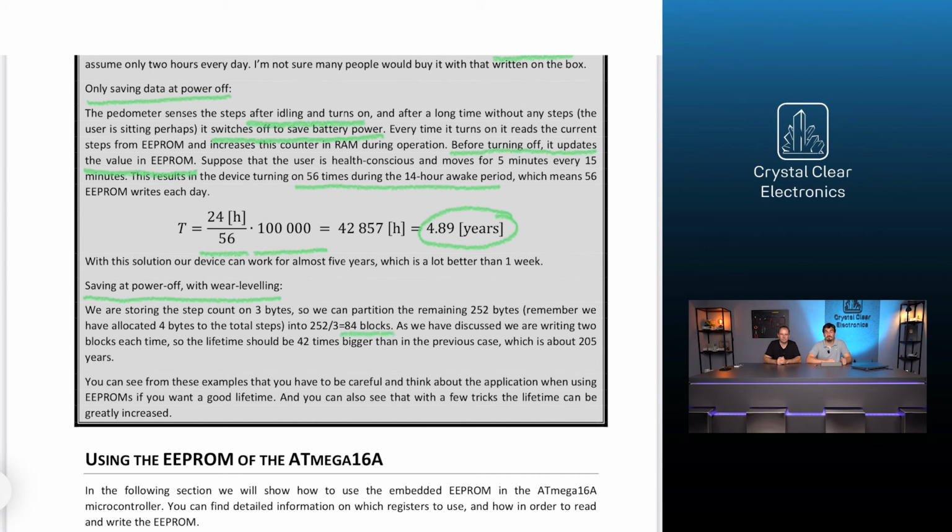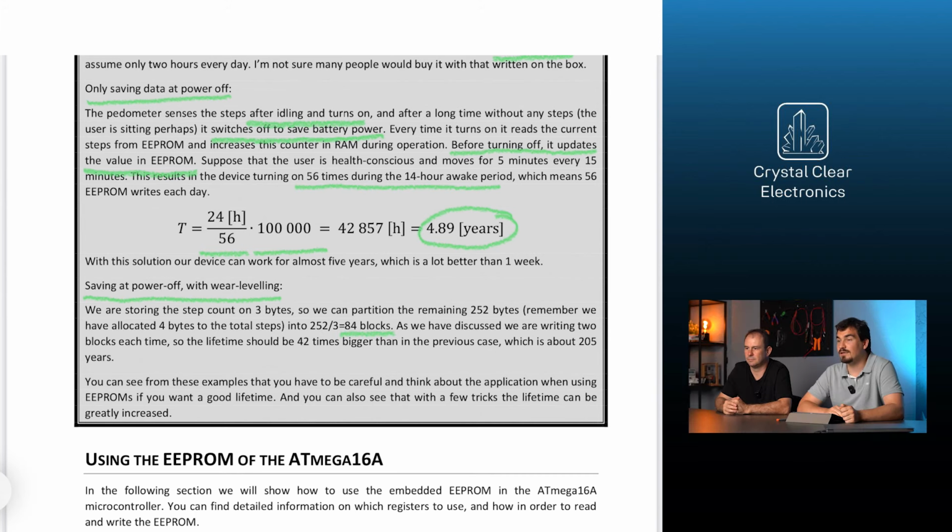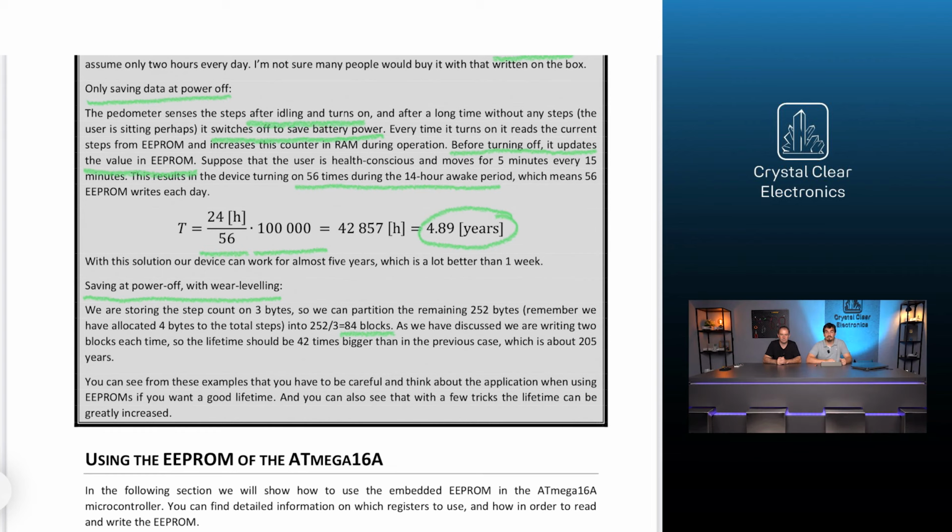Since we write 2 blocks during each write, one to store the data and one to store the pattern to find the fresh data in memory, we perform 2 write operations, so the lifetime should be 42 times bigger than in the previous case, which is about 205 years.